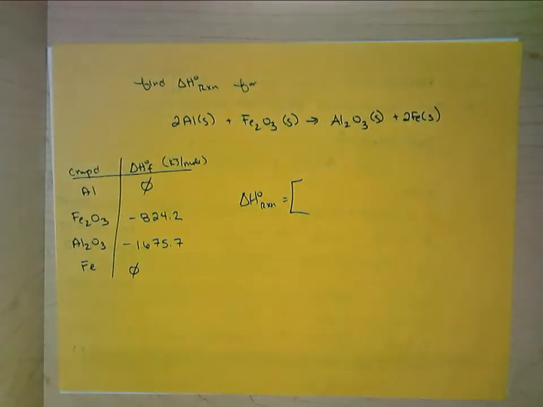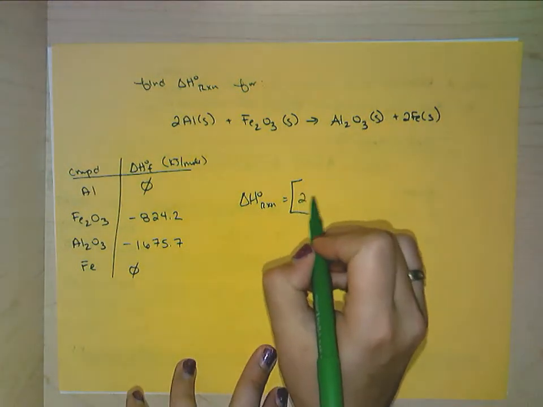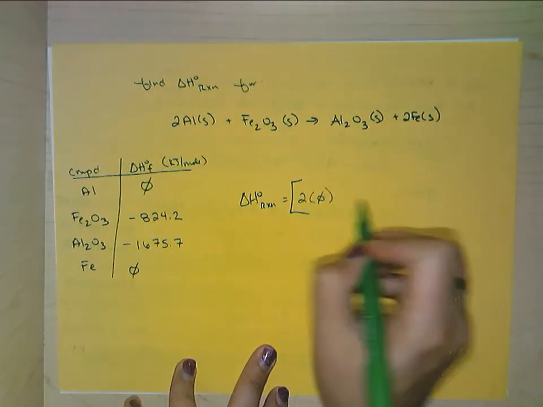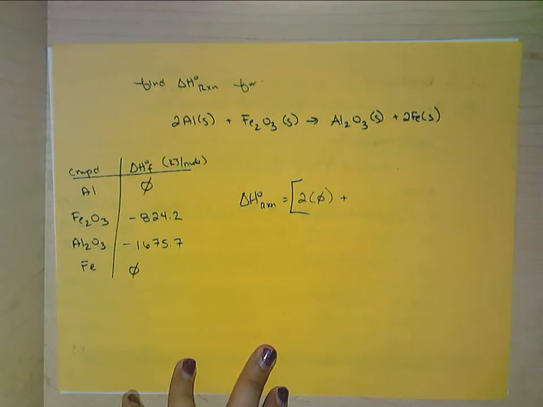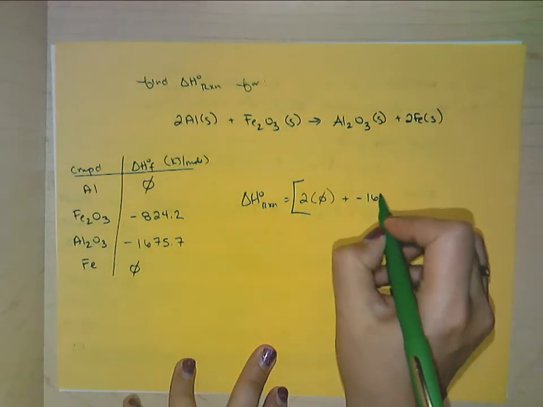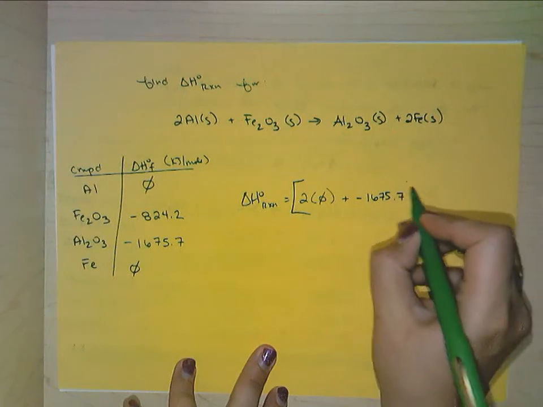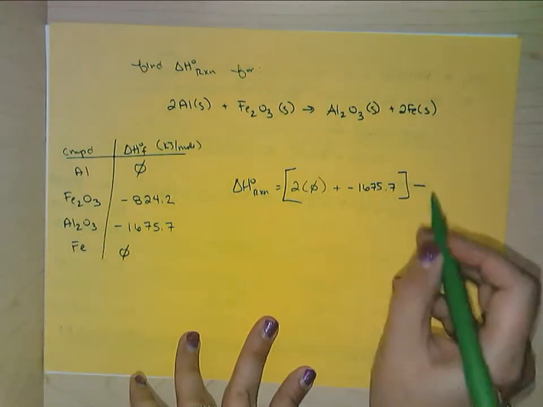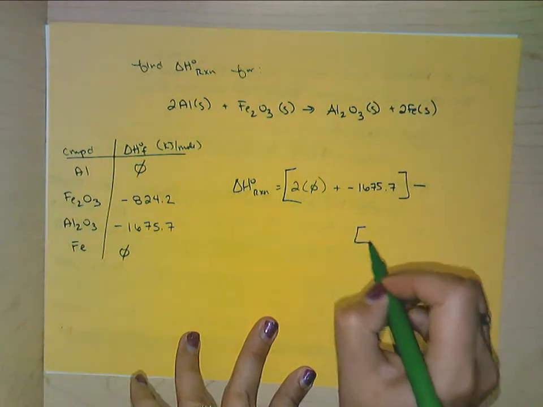Alright, so what is considered a product in this? Alright, iron. Got 2. Imagine it's all in the same space.